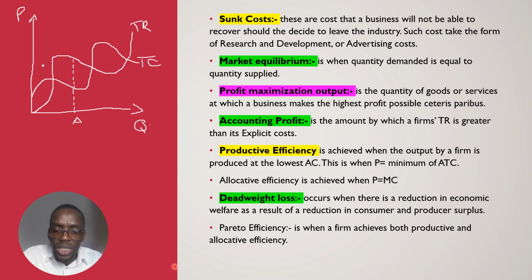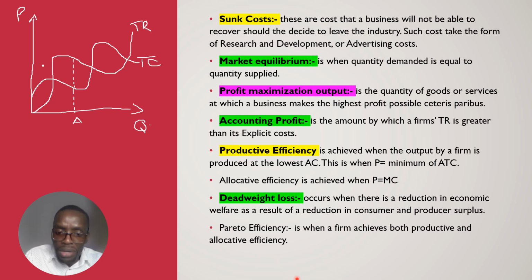The next term that we need to define is what is called productive efficiency. You need to understand that productive efficiency is achieved when the output of a firm is produced at the lowest average cost. This is when our P is equal to the minimum of our ATC.